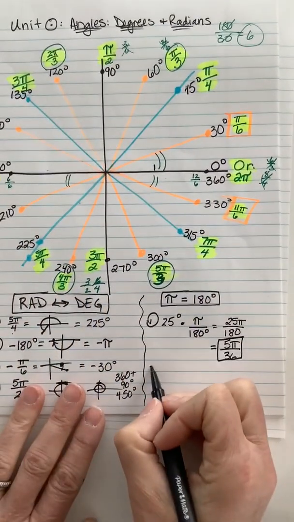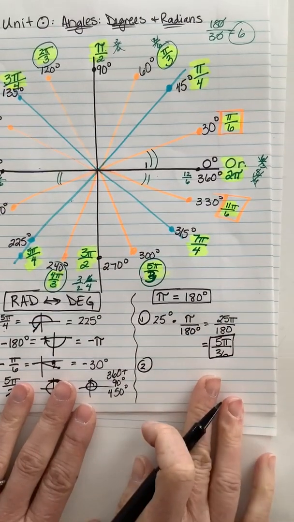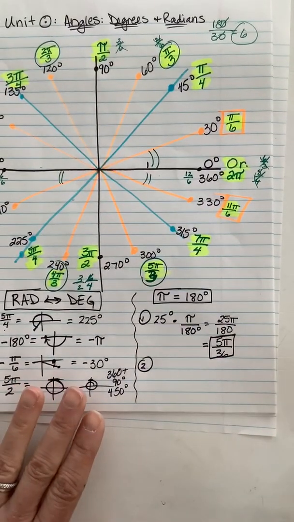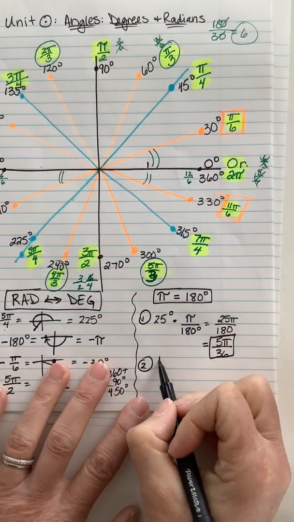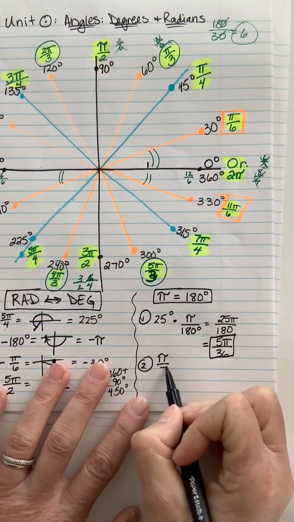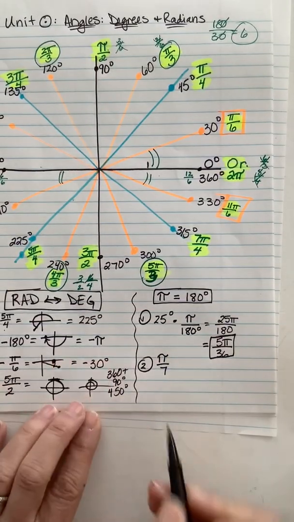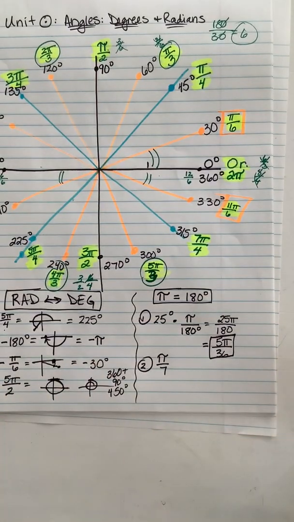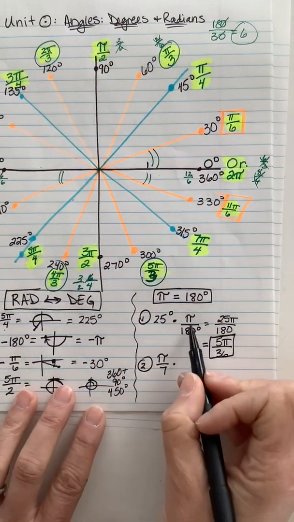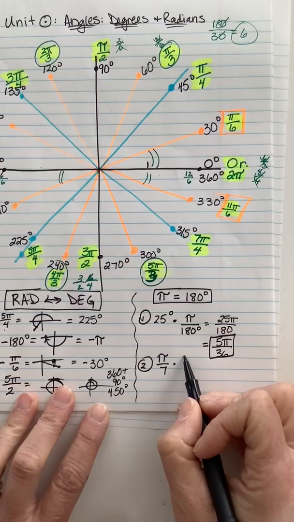All right, let's go the other direction. Number 2. Let's say I give you something like pi divided by 7. Pi divided by 7, again, a tiny slice of pie. Let's use our conversion here.